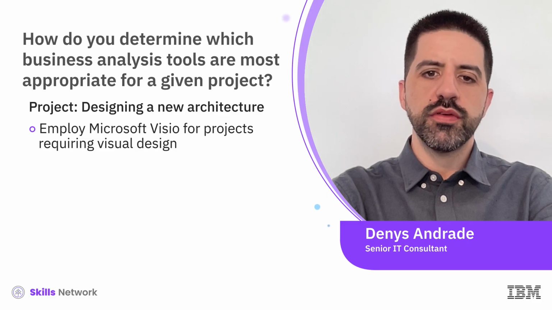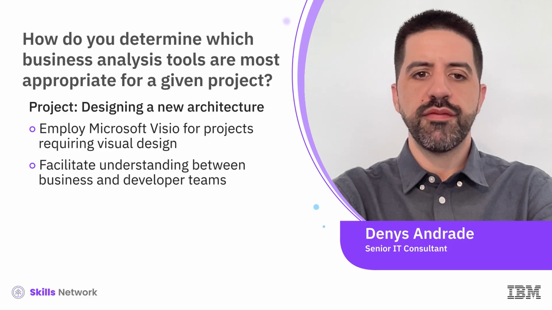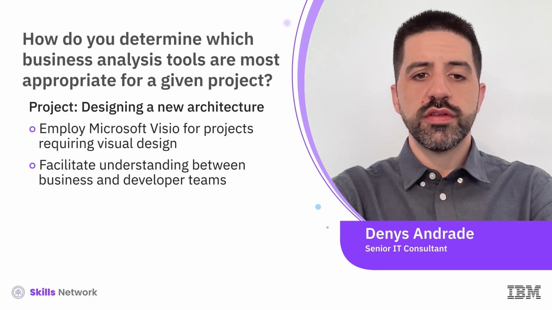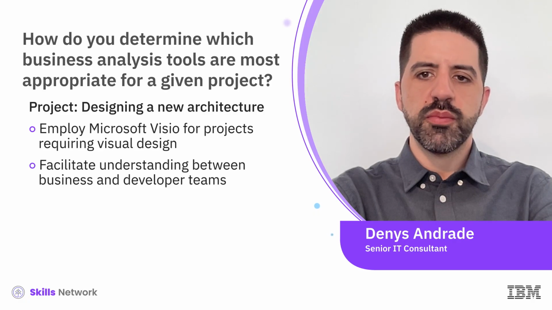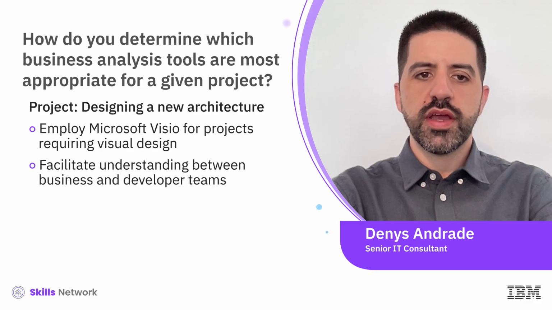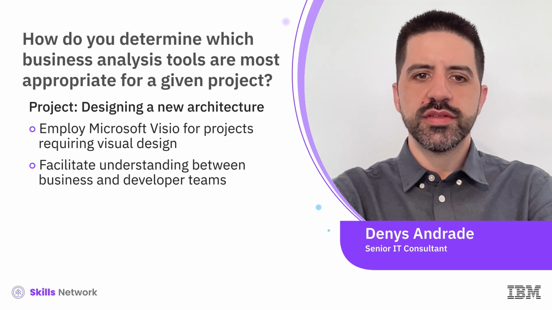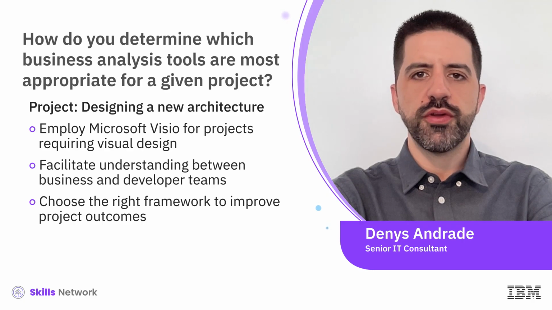The fact that I used this tool made it easier to understand for the business and the developer teams, because it has an easy graphical interface. As a result, the project was developed in a very similar way to what had been analyzed and requested. So, choosing the right framework can impact the results of your project.